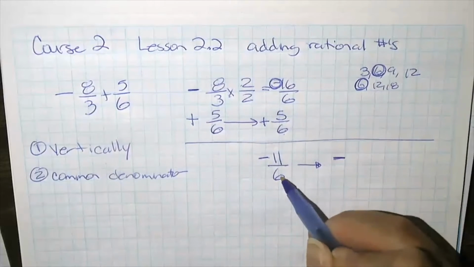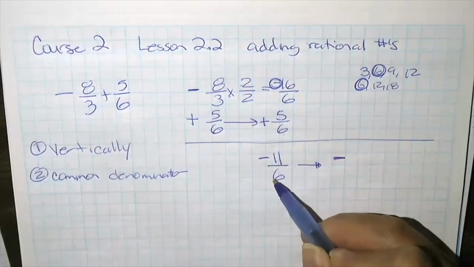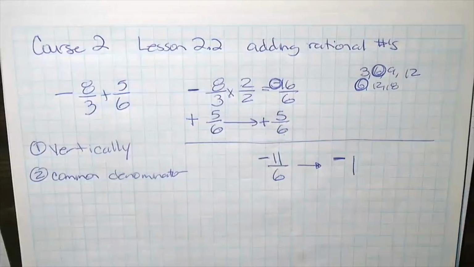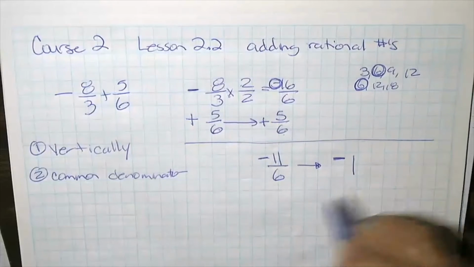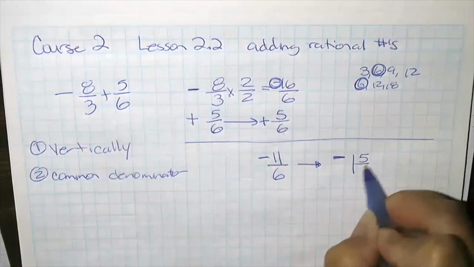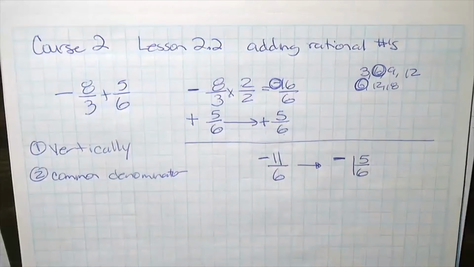Negative. How many 6s can we pull out of 11? 1. And what's left over? If we take 1/6 out of 11, we have 5 left over. -1 and 5/6.